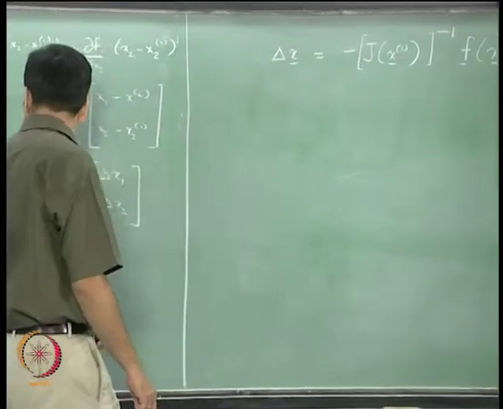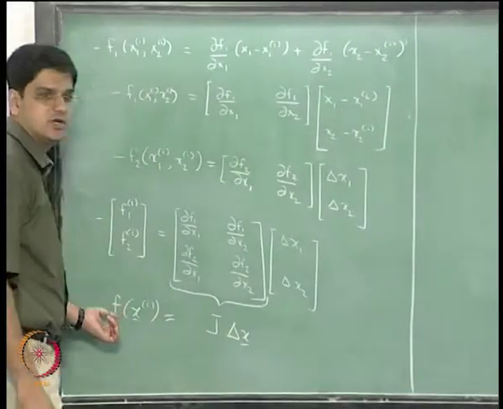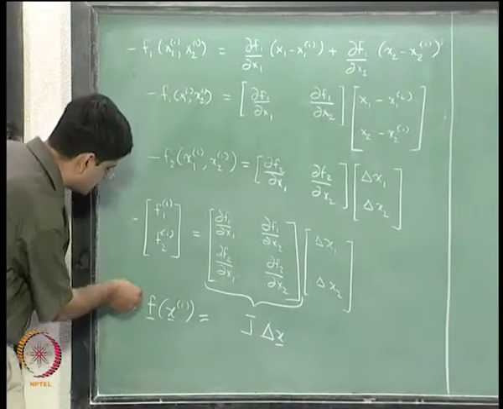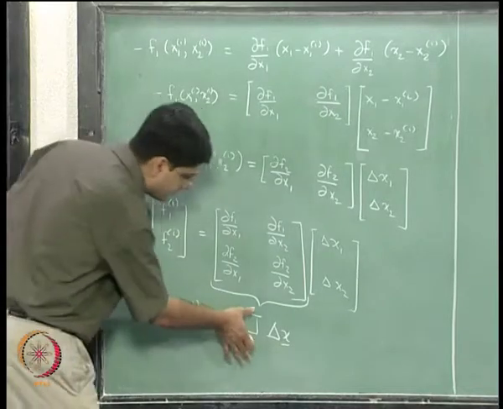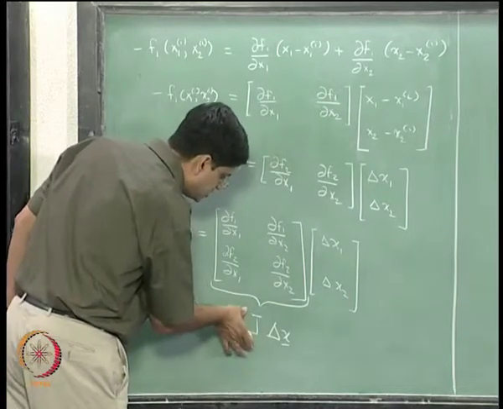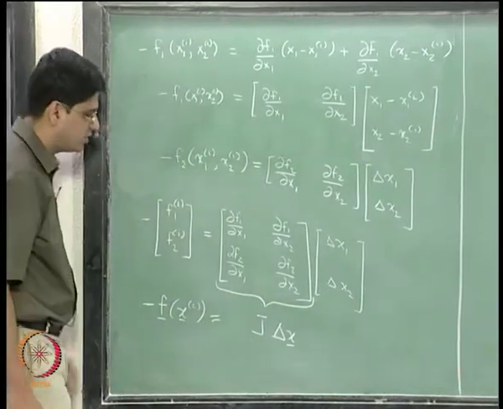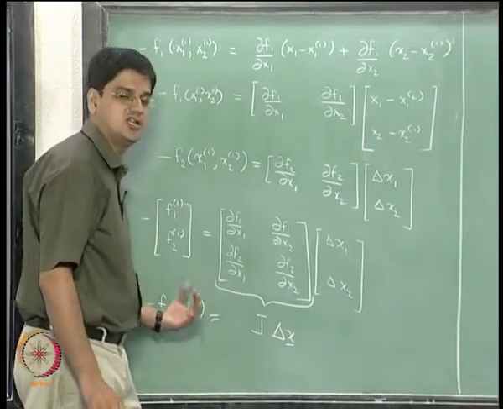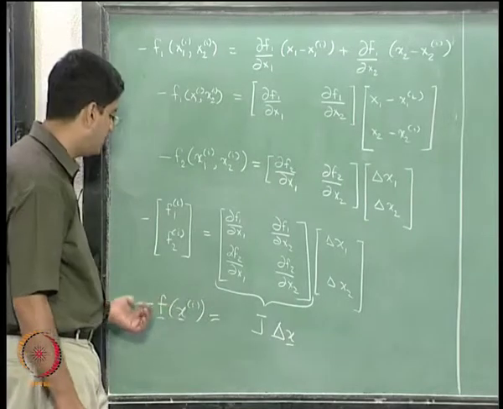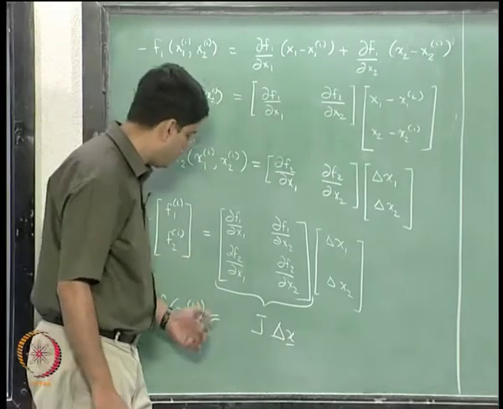If I go back to the expression over here, I made a slight error in this, I missed out the negative sign over here. So this negative sign has to be there. What we have done is taken J inverse and multiplied it over here, and if you notice, this is essentially equivalent to the problem that we had solved in module 3.